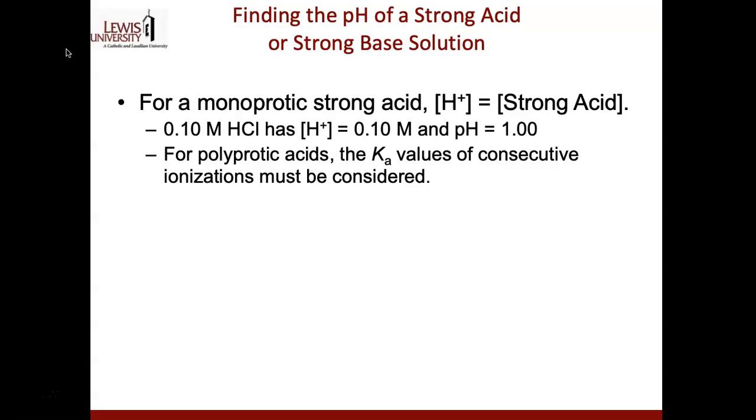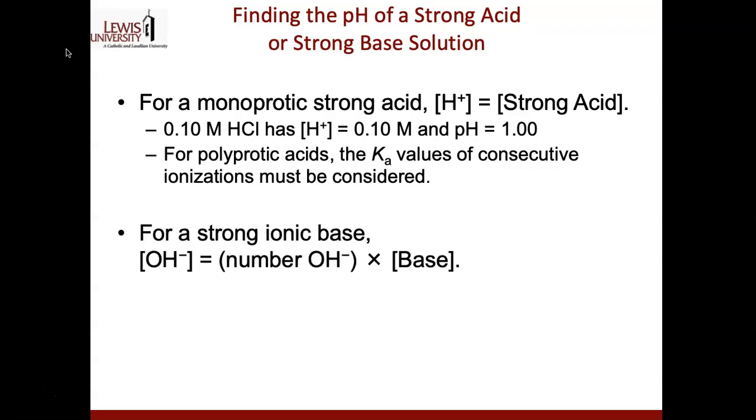So what does that mean for us? Well, there's one dissociation that occurs where a proton comes off to make H plus and HCO3 minus. And then that second molecule, HCO3 minus, can create another proton in solution and leave us behind with carbonate, CO3 2 minus. So when you have a polyprotic acid like this, the first step is the strongest step, the second step is weaker, and the third step is the weakest step.